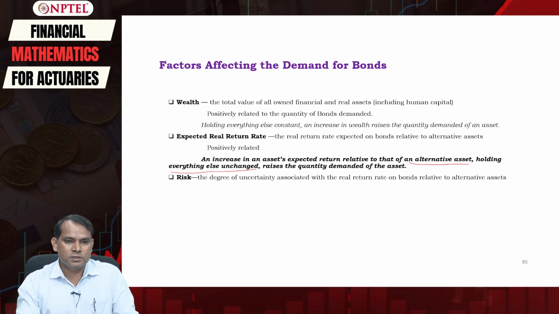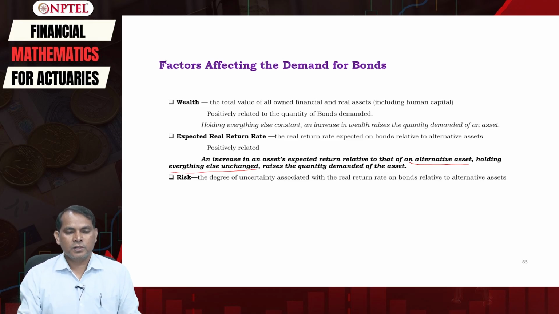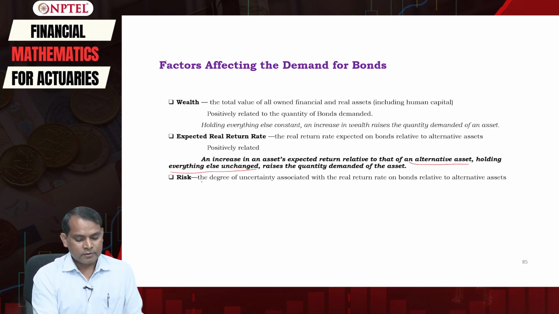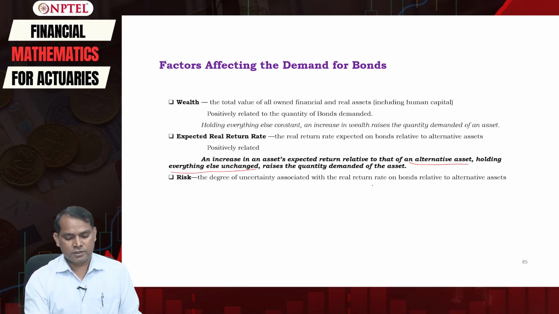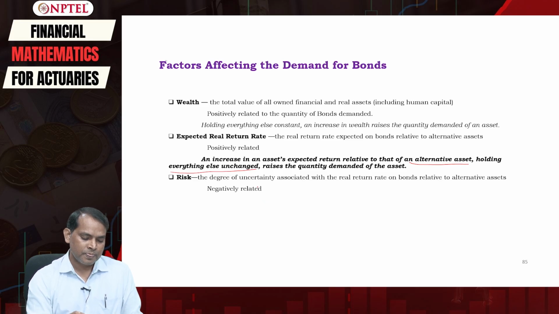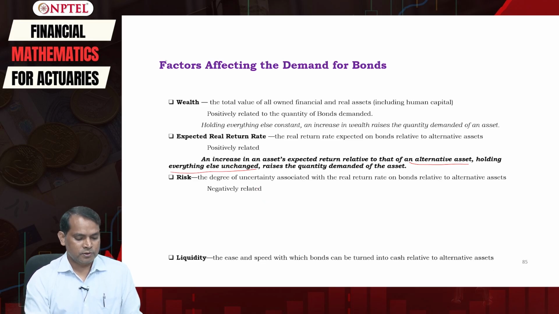So what is the chance, or the probability, of you not getting the return that you expected? That is the risk. So the degree of uncertainty associated with the real return rate on the bond relative to alternative assets is known as risk. This is basically inversely related to the demand for the bond, right?